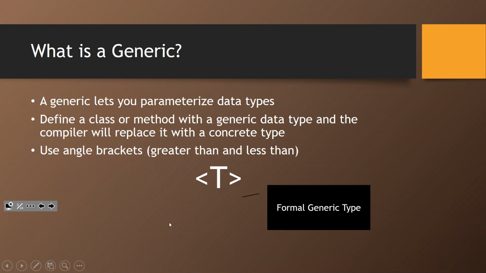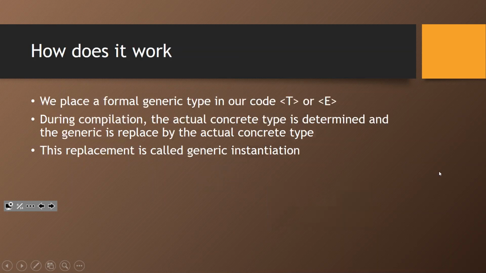I could have a cast situation when I truncate or when I try to do something that I can't do with that data type. So generics allow the compiler to keep us from doing illegal things like that, which would cause a runtime error.